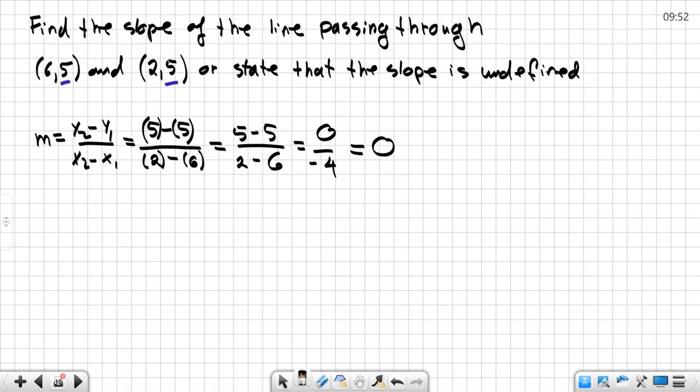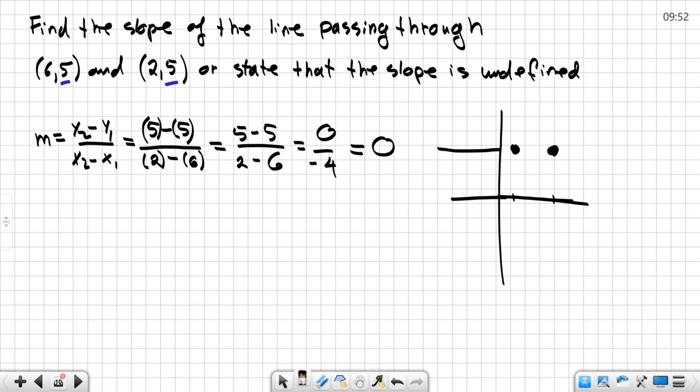But another way, of course, would be to notice what we have noticed at the very beginning of this problem, that the y-coordinates were the same. So, in other words, how do my 2 points look? Well, (6, 5) is right here, and (2, 5) is right here.